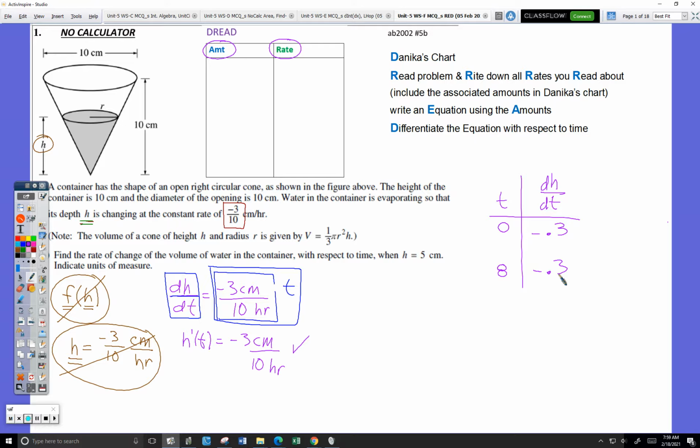Now let's say this. Let's say the formula for dH/dt, instead of just being -0.3, it's -0.3 multiplied by time.